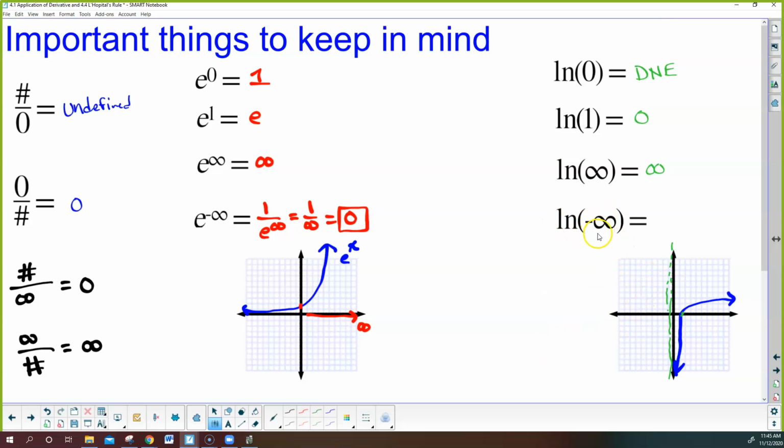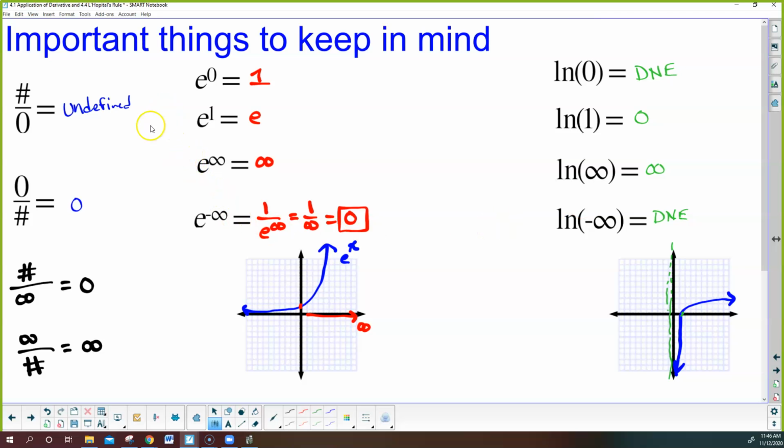This is actually not in the domain of the natural log of x, so this does not exist as well. So those are just things that we expect you to know. And I'm a visual learner, so if I ever forget one of them, I just resort back to the fact that I know what the graph looks like for both of these, and then I can figure out the answer.